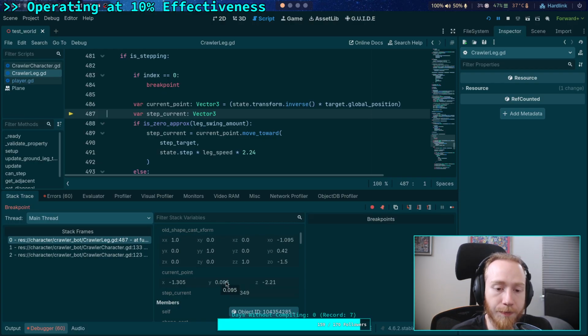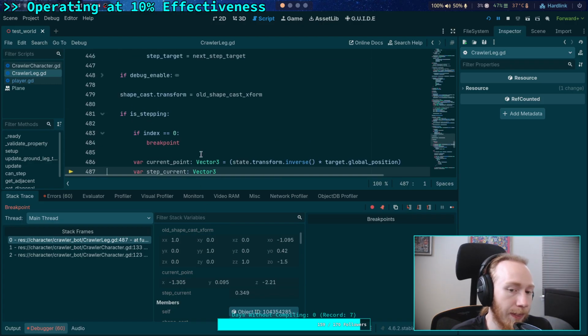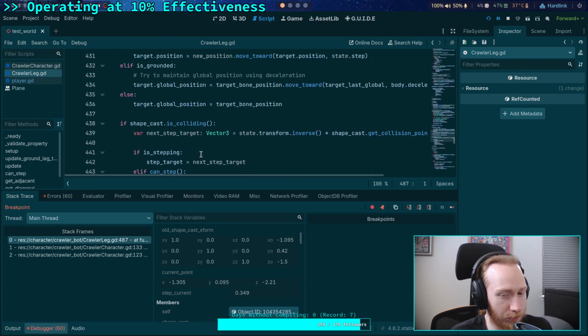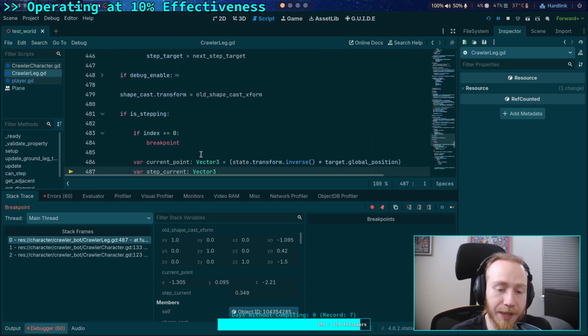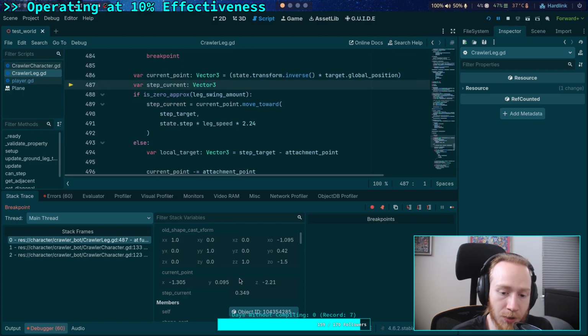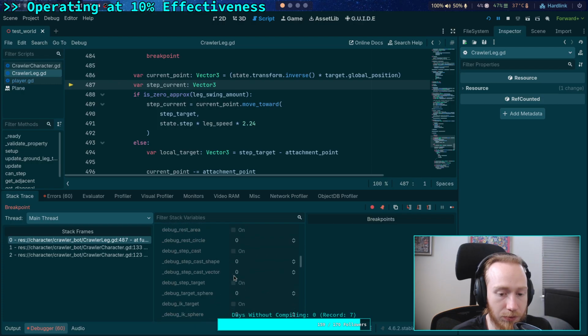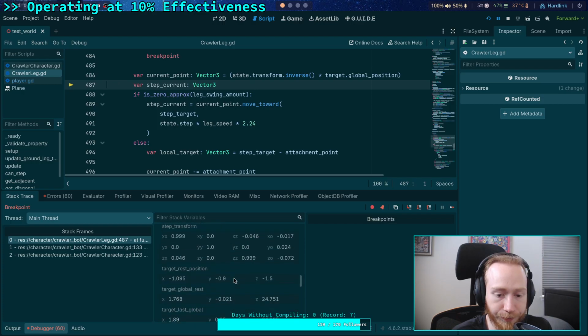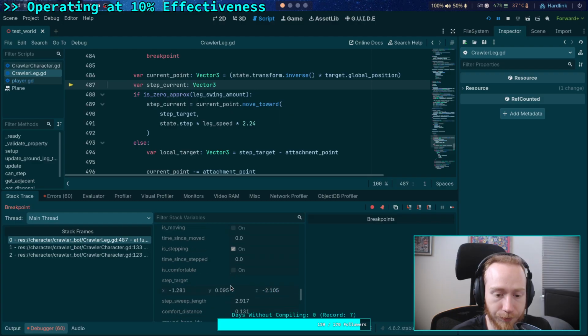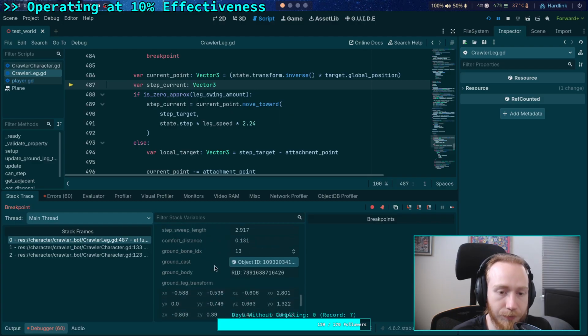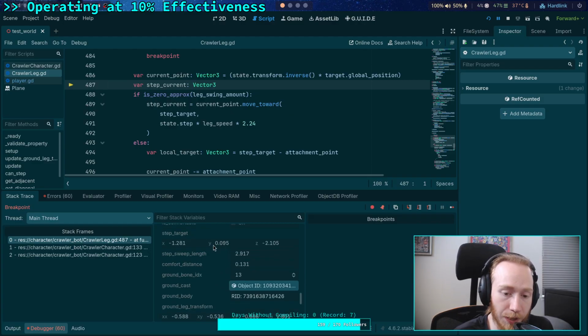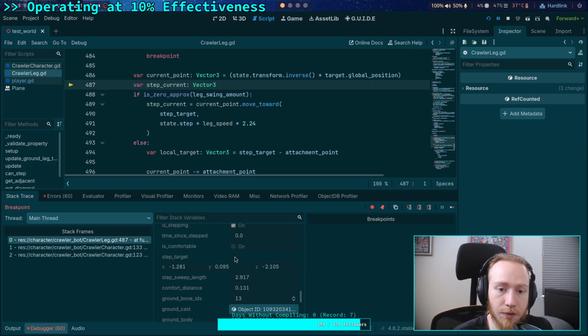Sure. Yeah, sure. Next step target, I would expect to have the same Y value. Or I mean step target, but have the same Y value? It does. Okay.